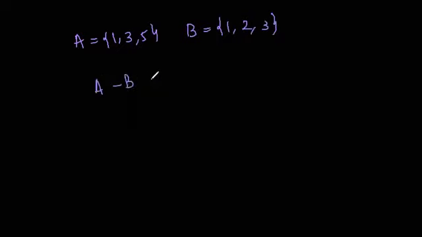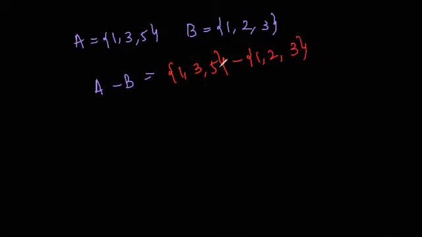So the difference of the same sets, A is equal to 1, 3, 5 and B is equal to 1, 2, 3. Now we are supposed to find A minus B. In this case, it will be only the elements that are in A but not in B. We can write 1, 3, 5 minus 1, 2, 3.